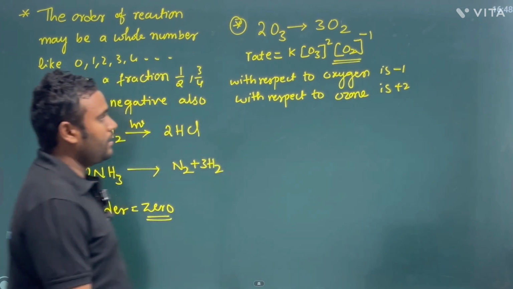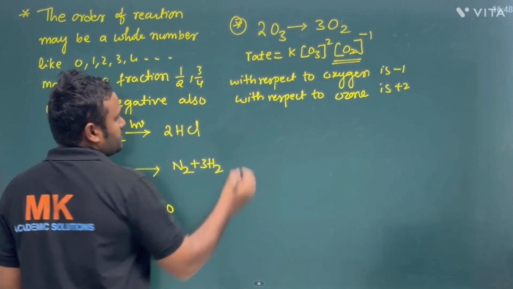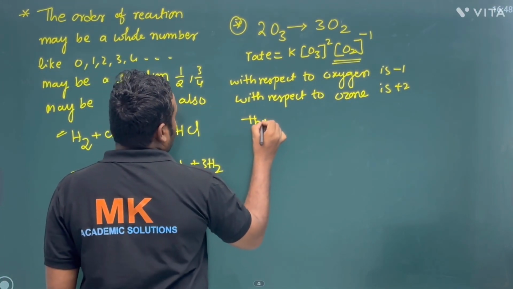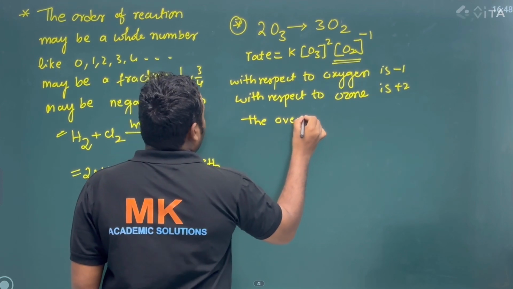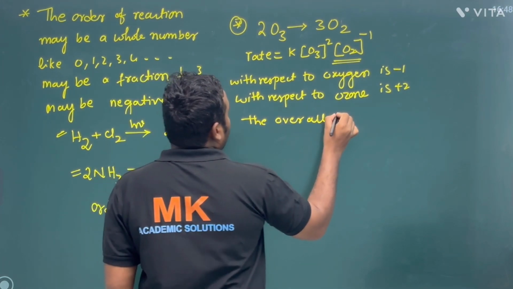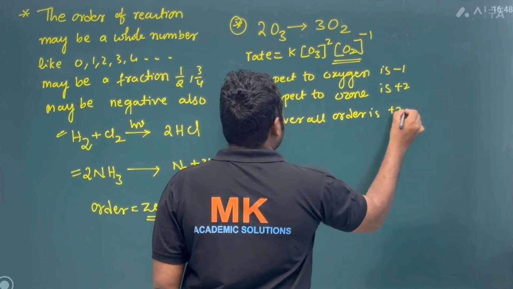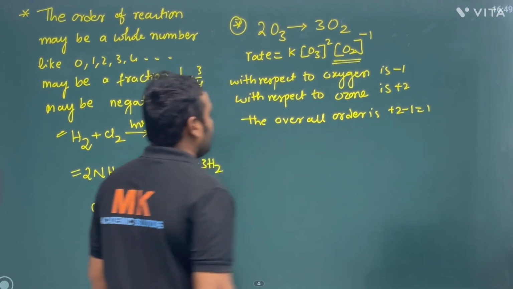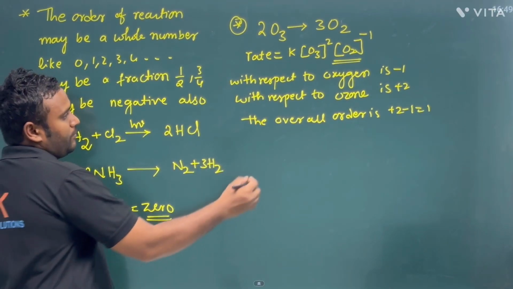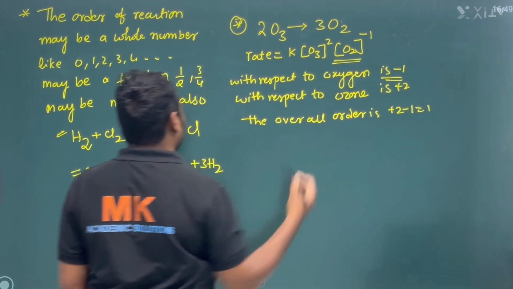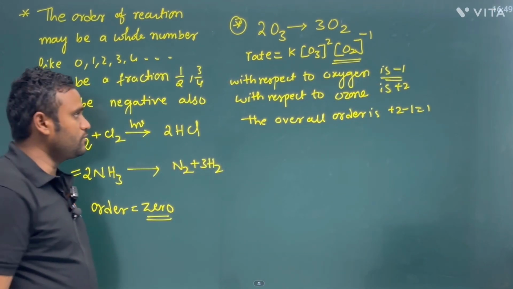So the overall order is +2 -1, that is equal to first order. Means here order may be negative also possible, and order may be fraction also possible.